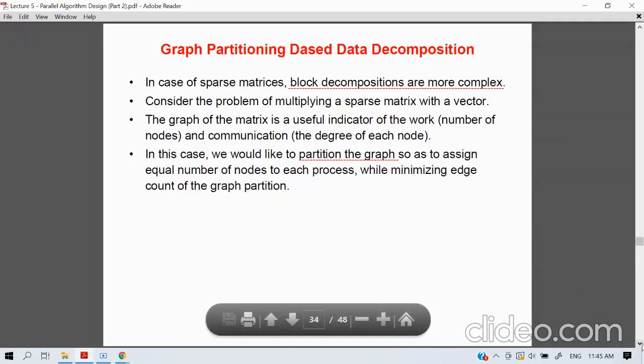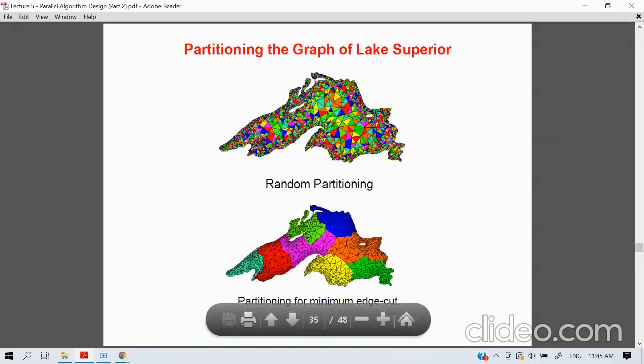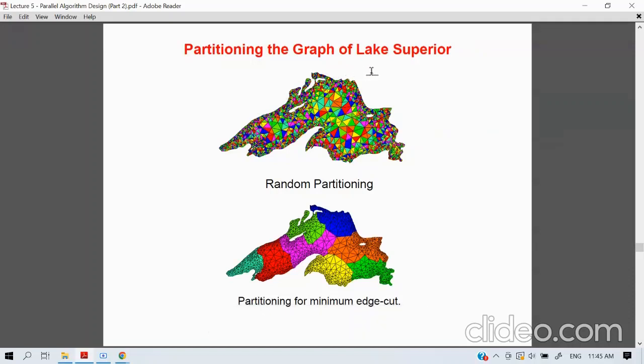Okay, so let's look at the example. Okay, so assume this one is the graph of the sparse matrix. So they partition the graph tu. You nampak it has different colors, right? So that one is the partition lah, how it partitions the data or the task. So this one is called random partitioning.